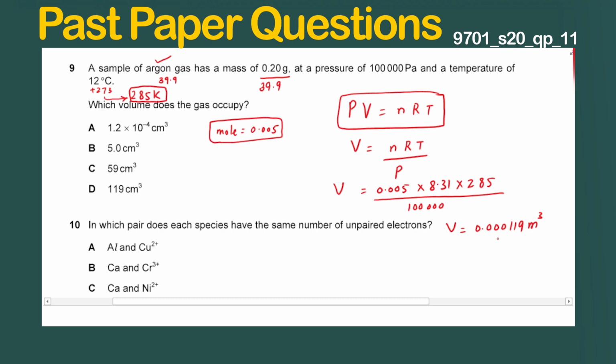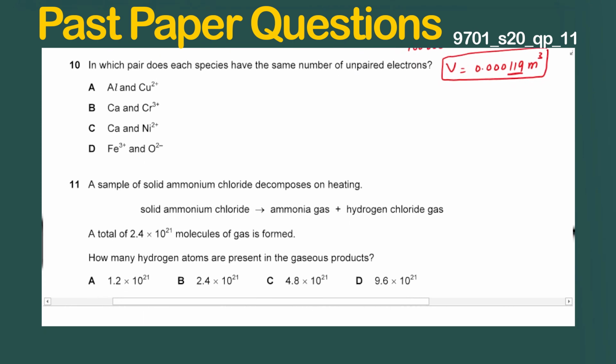So let me divide with this value. Okay, so I am getting this result, 119 meter cube, but they have given the options in centimeter cube. So beta ji, this must be the answer, 119 centimeter cube. This is the answer. Let's try to solve question number 10 now.